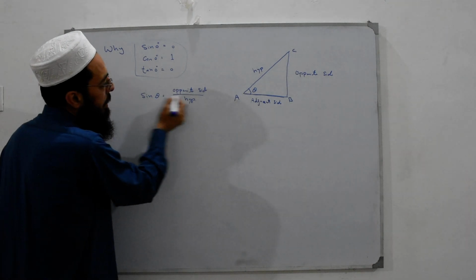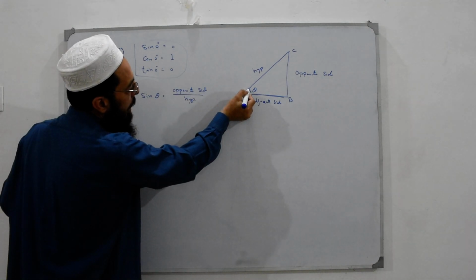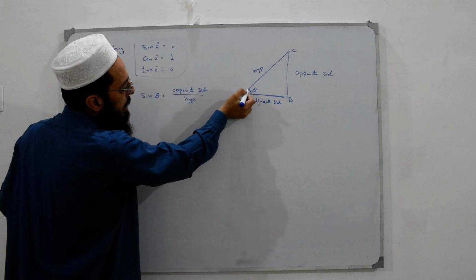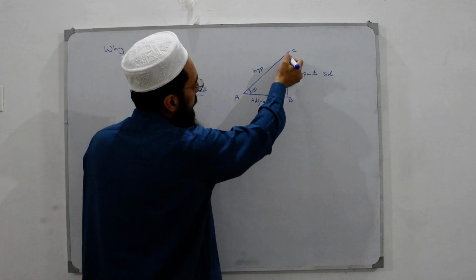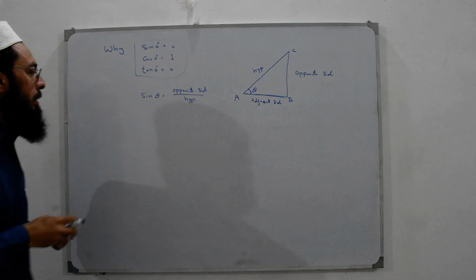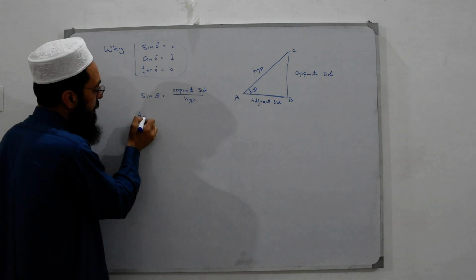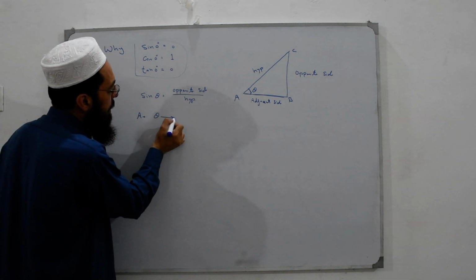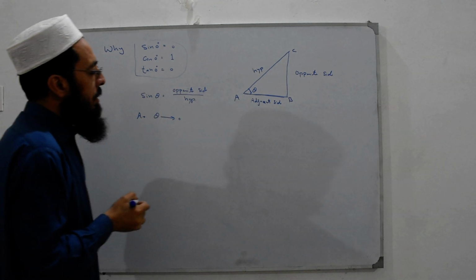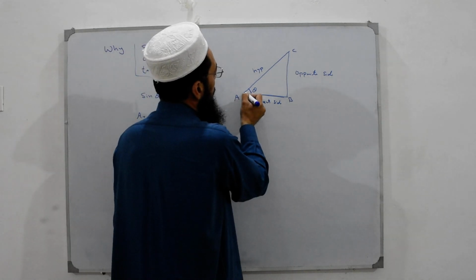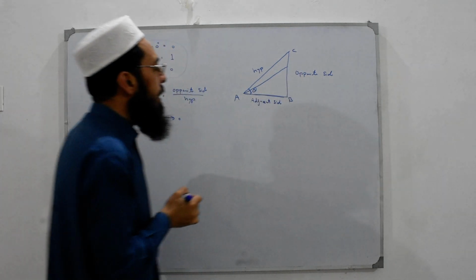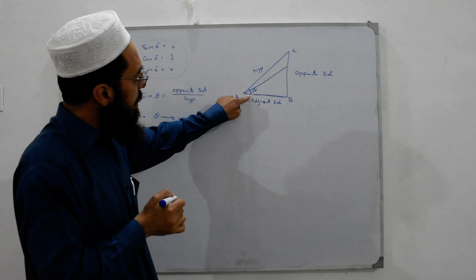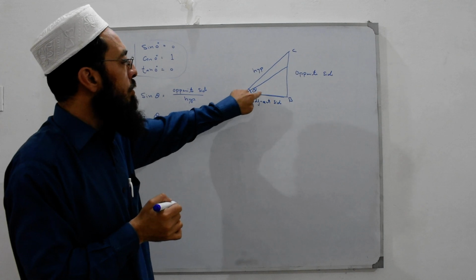So theta will be equal to 0. As theta gradually decreases, the opposite side will also decrease. As theta tends to 0, we decrease angle theta gradually, and finally we reach theta equal to 0 degree.